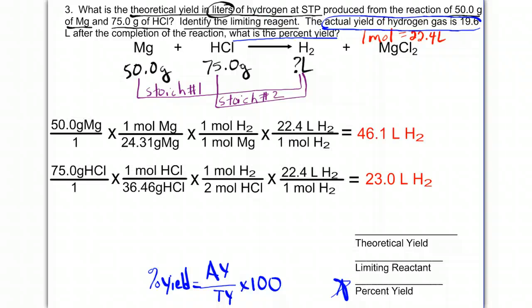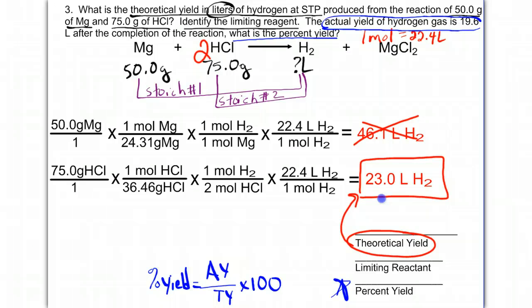One thing we forgot to do that you want to make sure of is that we have a balanced equation, which means we should have a 2 in front of hydrochloric acid. So here are the 2 setups, and you'll see that we have 2 possible theoretical yields of 46.1 liters and 23.0 liters. Since 23.0 liters is the lesser of the 2, this is the true theoretical yield.